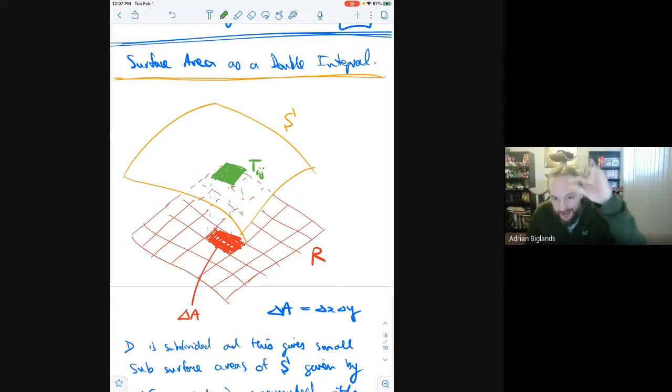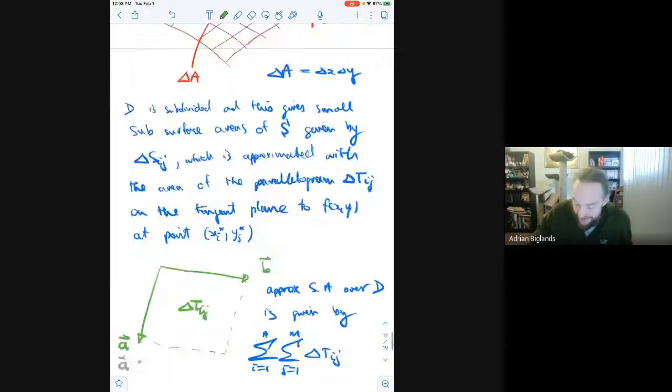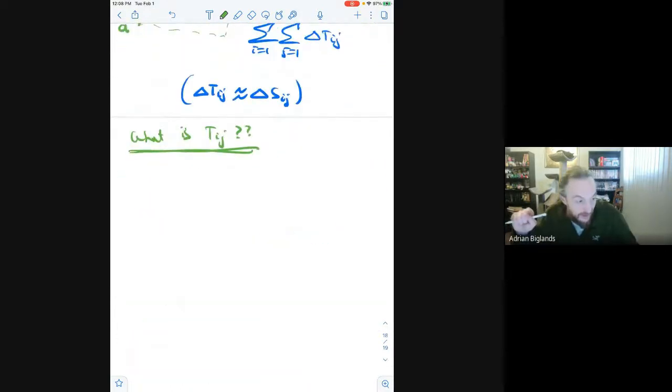Above that sample point is a point f of xi star, yj star in our surface. At that point, there is a tangent plane, or a linear approximation in the two-dimensional sense. It's a plane which touches the surface at one point and is approximately equal to it. And then we find these small tangent vectors, which give us a small area of a parallelogram in the tangent plane, which will be approximately equal to this surface area piece. So what is this Tij?